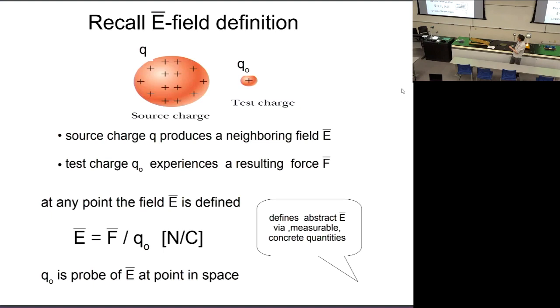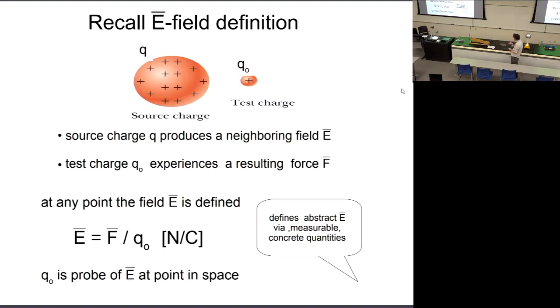It's the ratio of the force to the test charge, and so that defines the electrical field. That was a scheme for defining the electrical field, which is an abstract mathematical thing, in terms of measurable things. We can measure the charge on the test charge. We can measure the force that's experienced by the test charge. Therefore, we can infer the underlying electrical field that's creating that force.